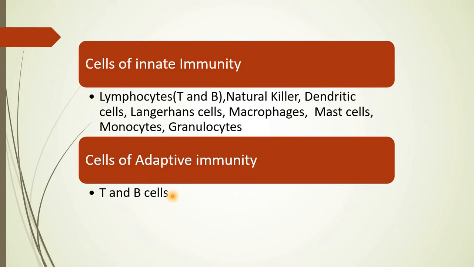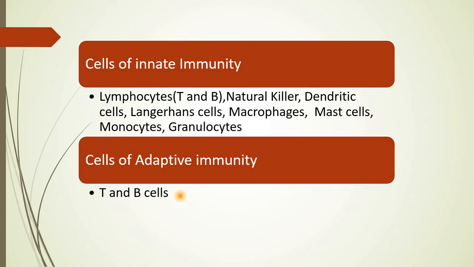But this is achieved only when there is activation done from external sources. Therefore, we can say they are a part of adaptive immunity, they are the cells of adaptive immunity. I hope it is clear to you, right? The distinction between the cells of innate immunity and adaptive immunity we shall be learning shortly in detail.